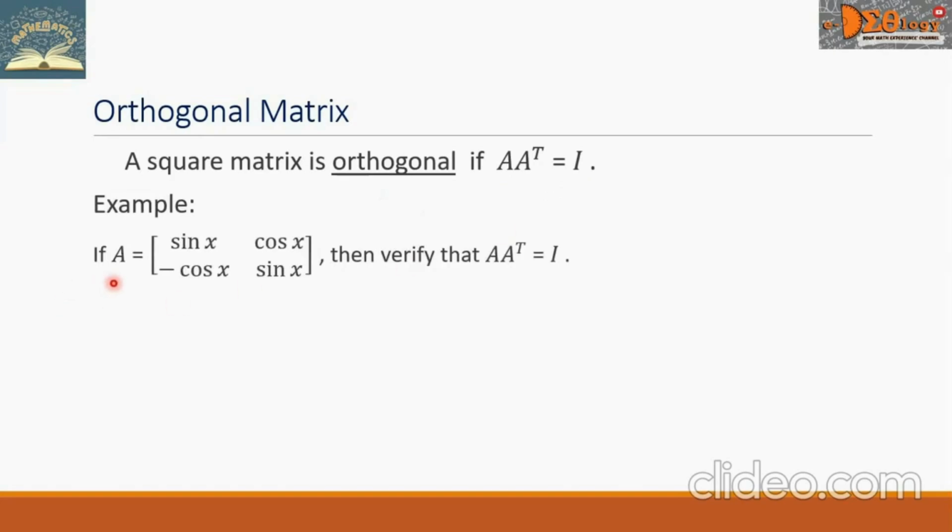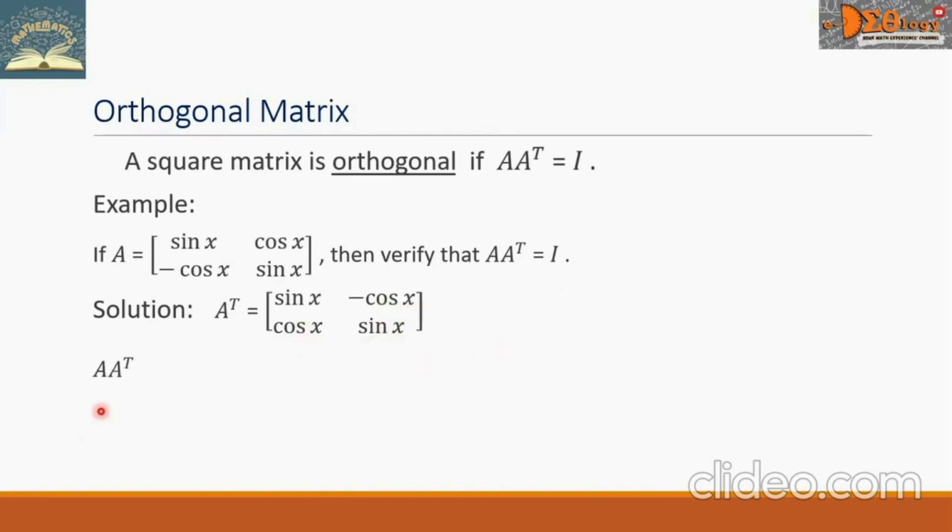Example, if matrix A equals with the elements sin x, cosine x, negative cosine x, sin x respectively, then verify that A times A transpose is equal to capital I. For our solution, first we will write the A transpose. The elements now are sin x, negative cosine x, cosine x, sin x respectively.